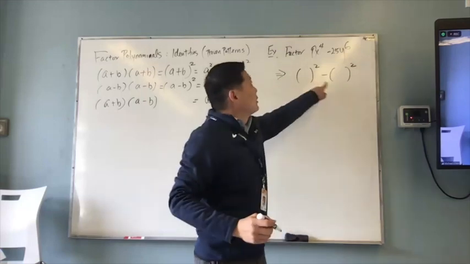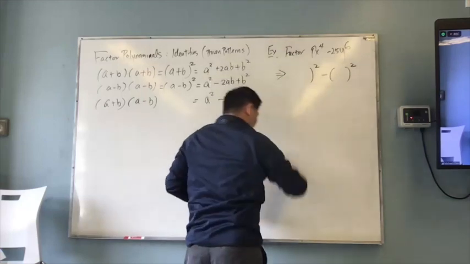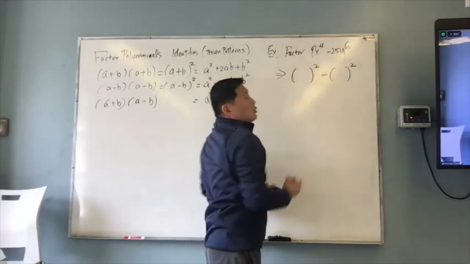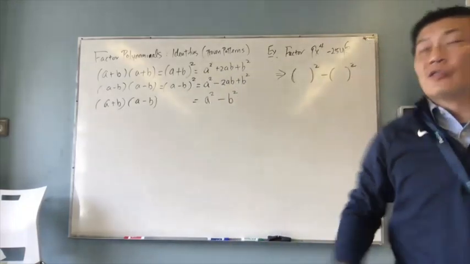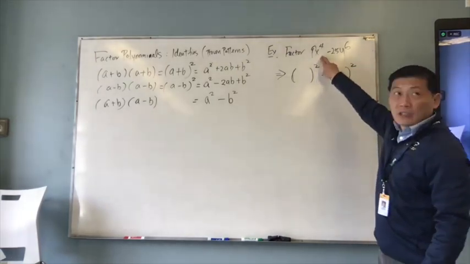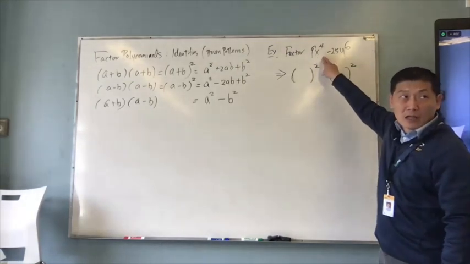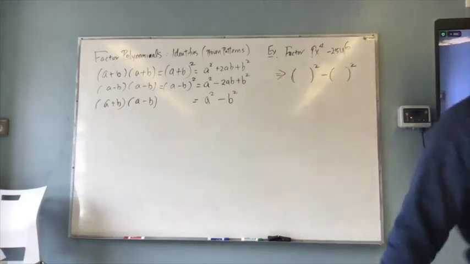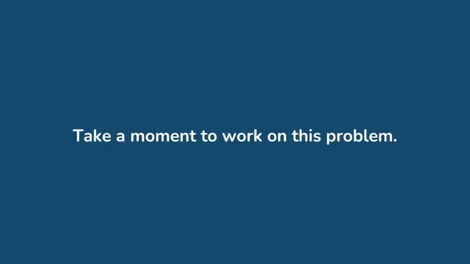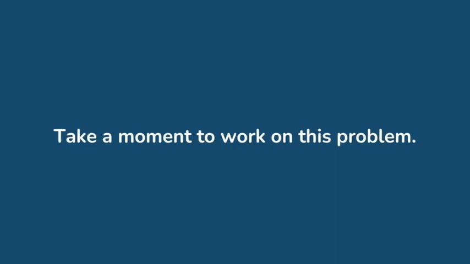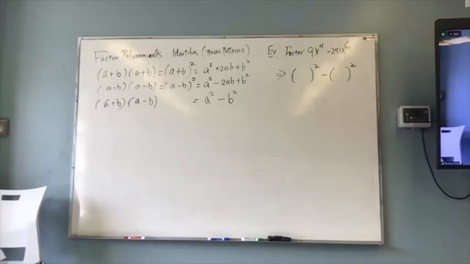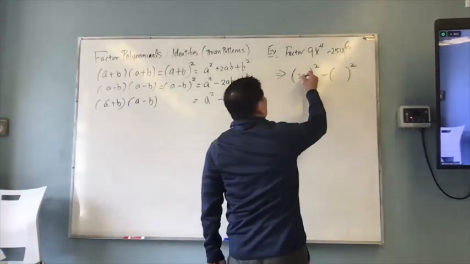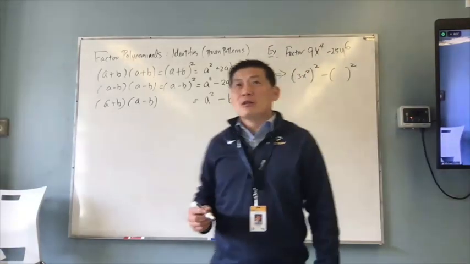Go ahead and fill in what's inside the parentheses. Help me come up with two things that can fit into the parentheses that will get us back to 9x to the 4th and 25y to the 6th. Okay, so do you have 3x squared for that one?